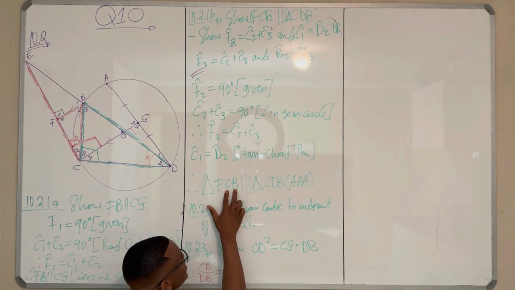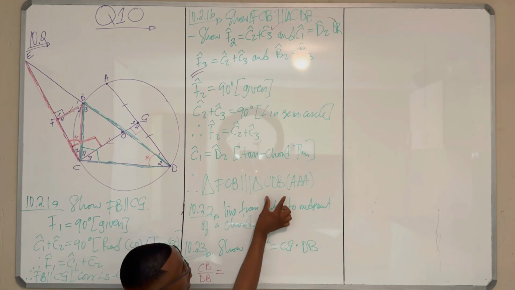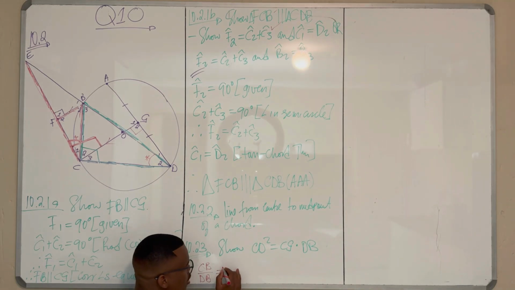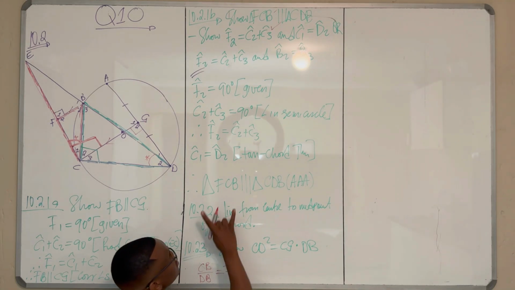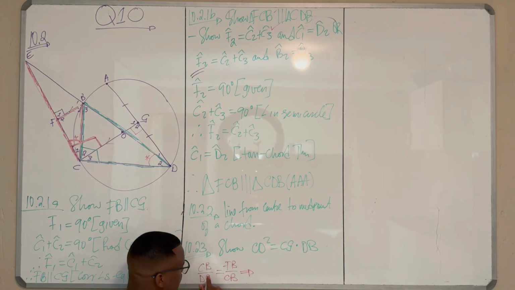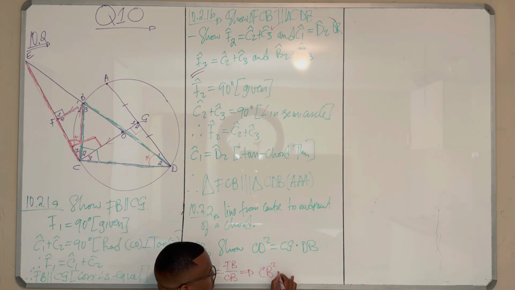Because look, you said CB, this part over this part. But now you want to have this part, CB, which means you must take the ratio of FB, which is this part, over that CB. So if you cross multiply, you find that your CB squared is equal to DB times FB.